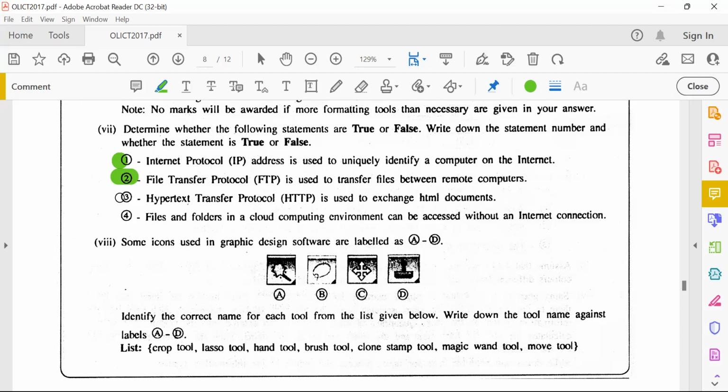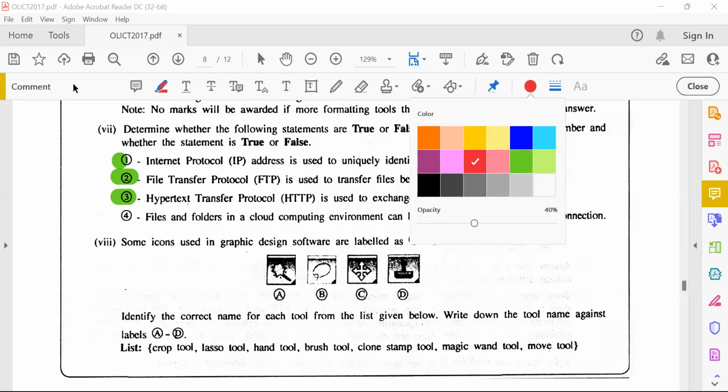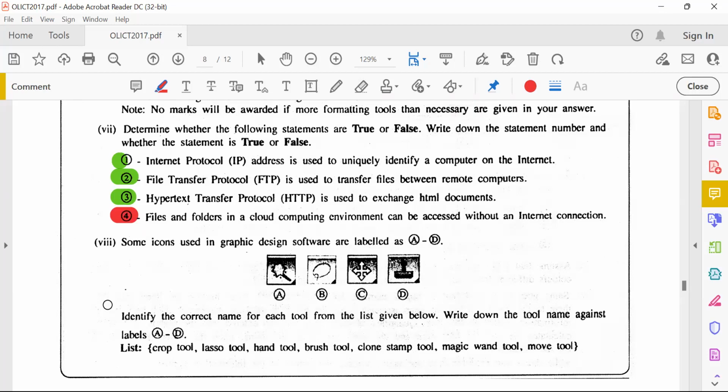Yes, that's also true. Last one, files and folders in a cloud computing environment can be accessed without an internet connection. Cloud computing, in the sense you have to have internet, isn't it? So the last one is false.